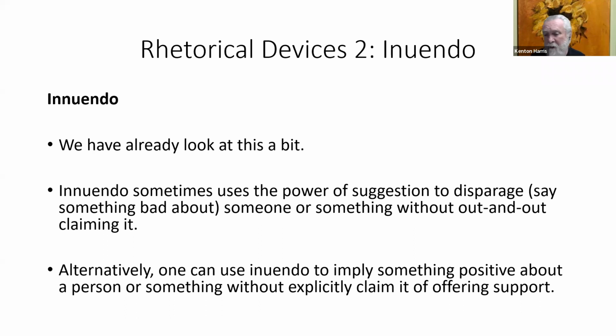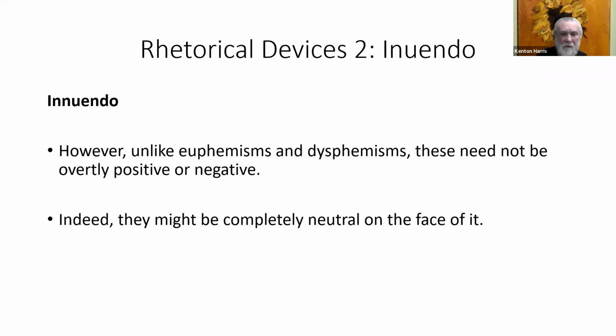Alternatively, one can use innuendo to imply something positive about a person or something, again, without explicitly claiming it or offering support. However, unlike euphemisms or dysphemisms, these need not be overtly positive or negative. Indeed, they might be completely neutral on the face of it.